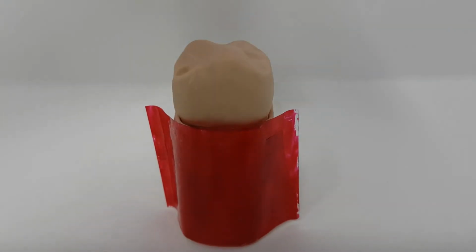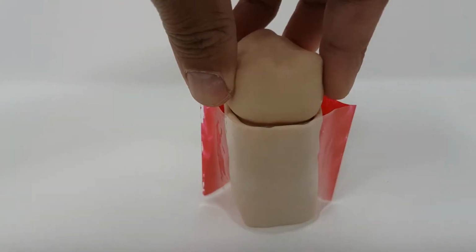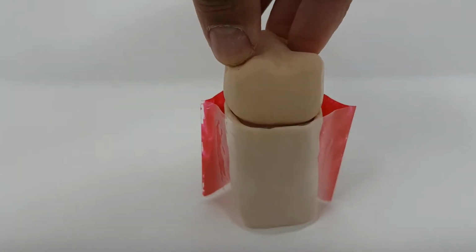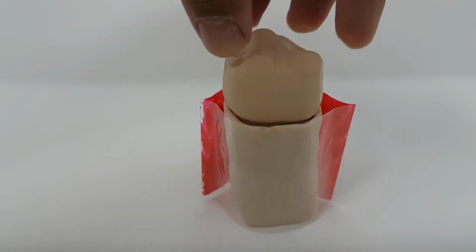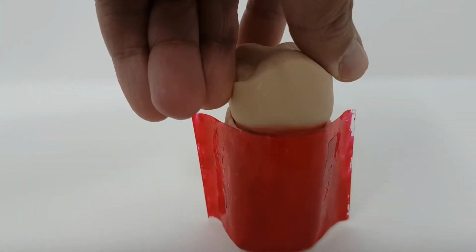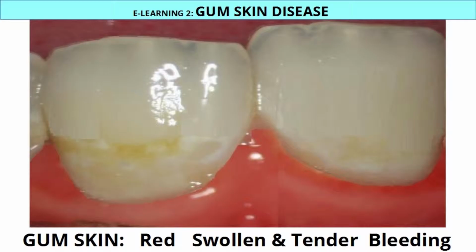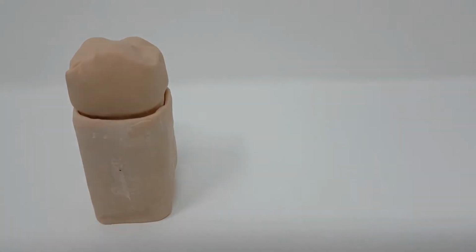However, the bone underneath is still okay. Stage 2 is gum bone loss disease.